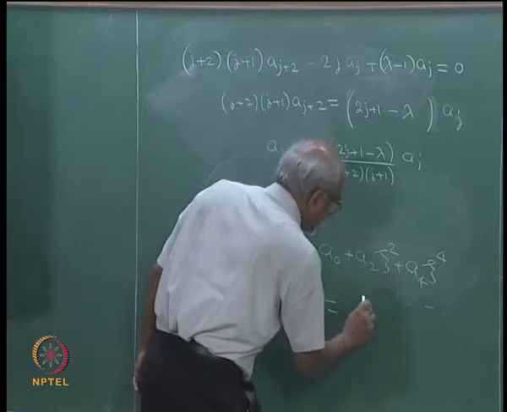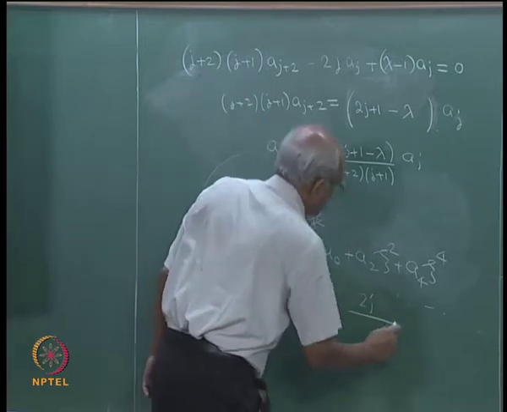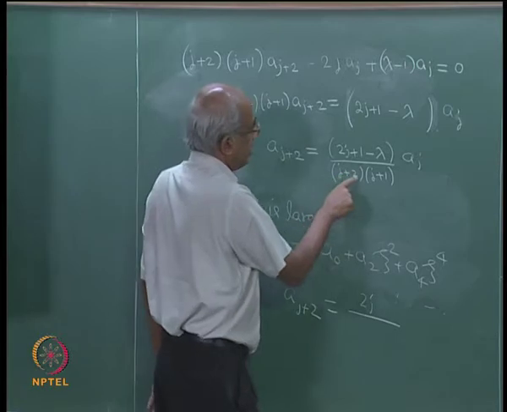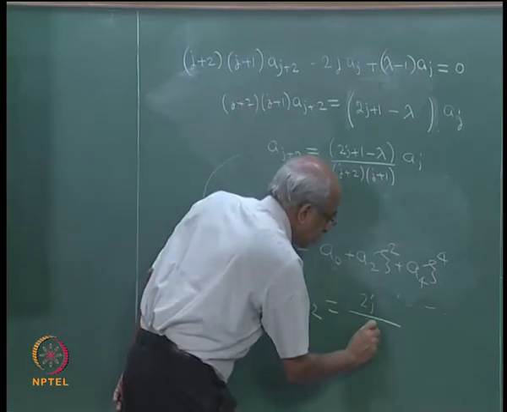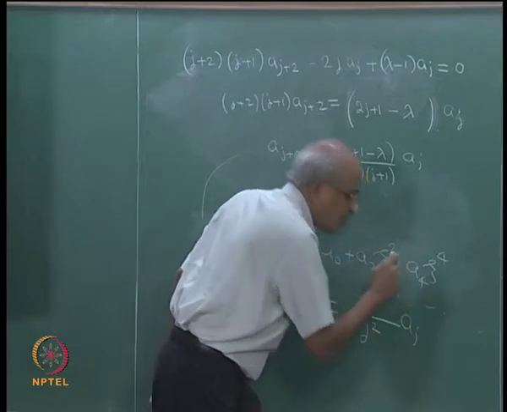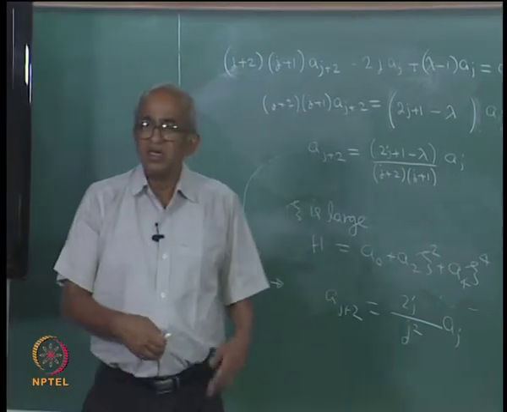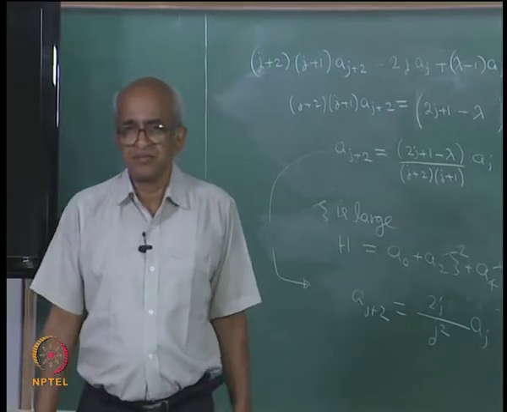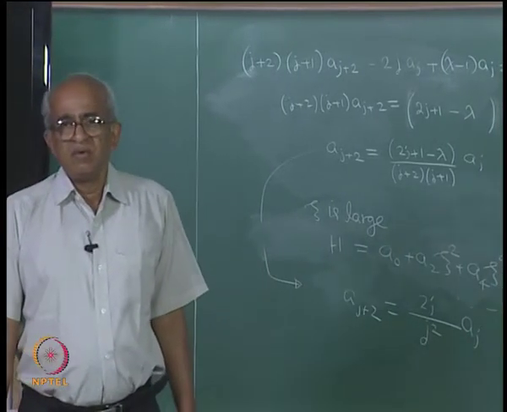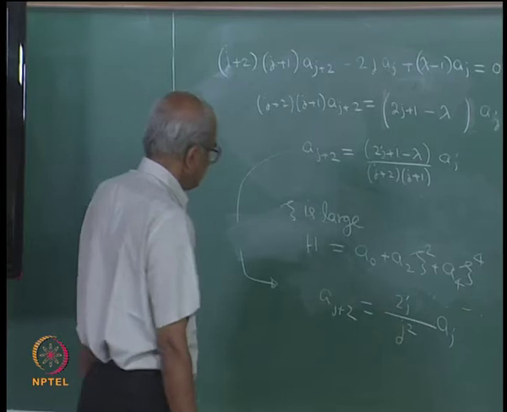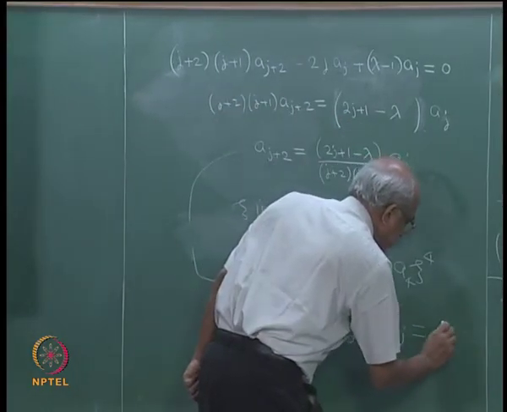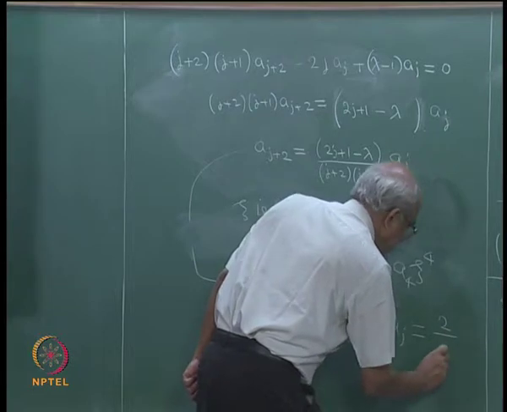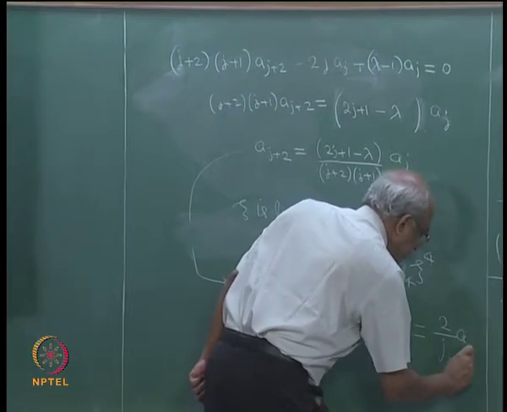You will have 2J in the numerator divided by J plus 2, you can neglect the 2, J plus 1, you can neglect the 1. So, therefore, J square into AJ. This is the form of the recursion relation when J is very large, right. And therefore, this recursion relation becomes 2 divided by J into AJ.